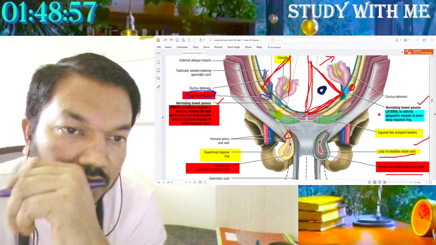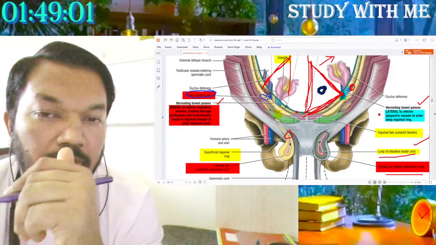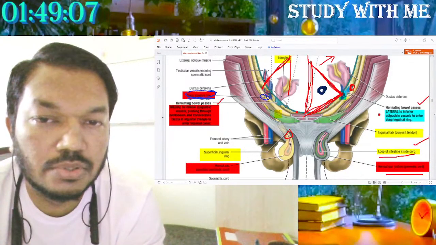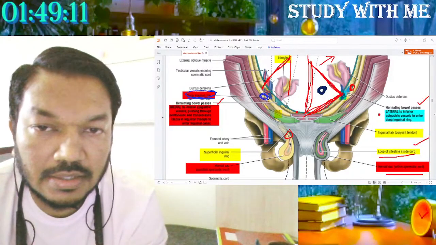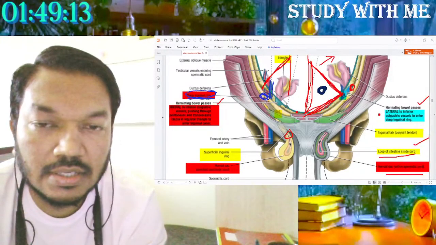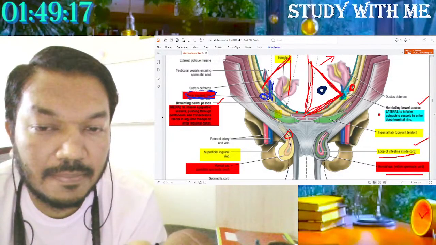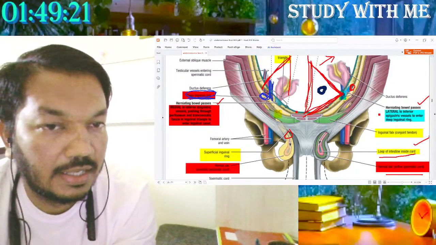Very carefully listen and try to remember. Deep inguinal vein. See the anatomical location. This is deep inguinal vein, and this is the external iliac vessel. External iliac artery, external iliac vein.